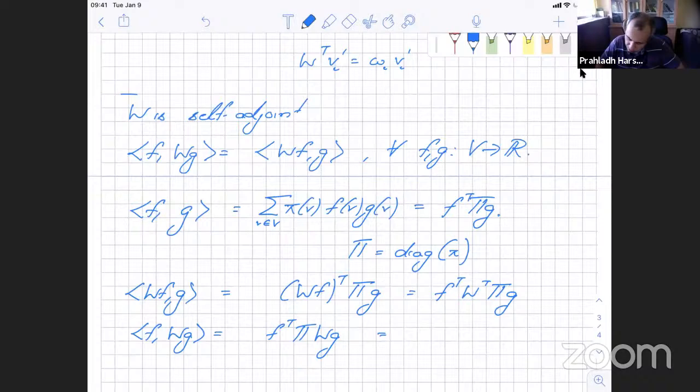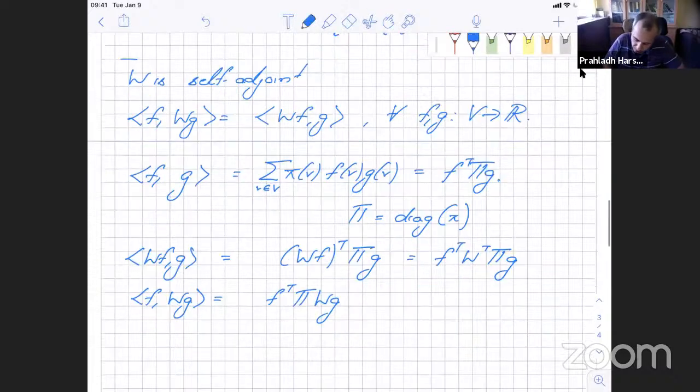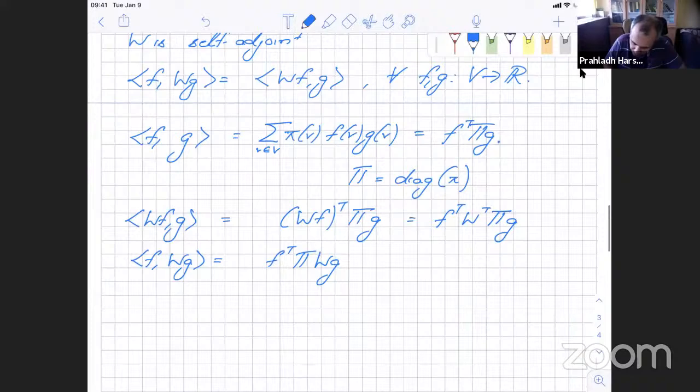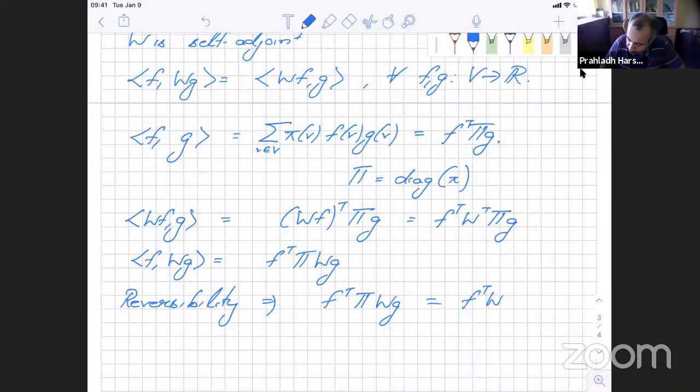And this is that, and we know that these two are always equal, since reversibility implies F transpose pi WG is equal to F transpose W transpose pi G for all F, G.